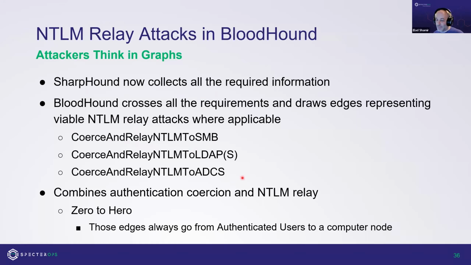And we present in BloodHound only what we know for sure is viable, as edges, helping attackers, again, think in graphs, run pathfinding queries, and identify vulnerable servers. You'll notice that these edge names combine two things, coercion and relay.